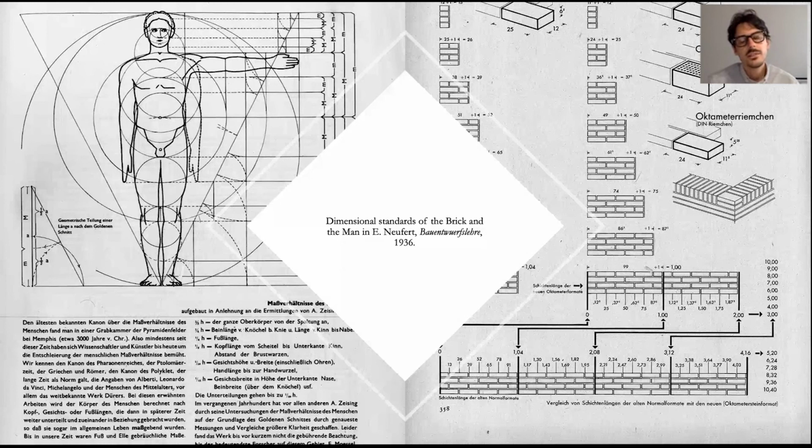And how does Neufert achieve this measurement? Basically, he achieved it by also analyzing how the human being performs his activities. For instance, it is very interesting to compare the dimension of the human being and his hand with the activity of bricklaying.